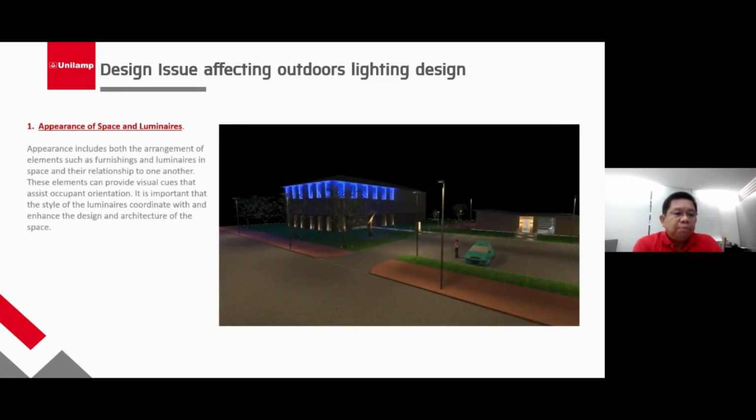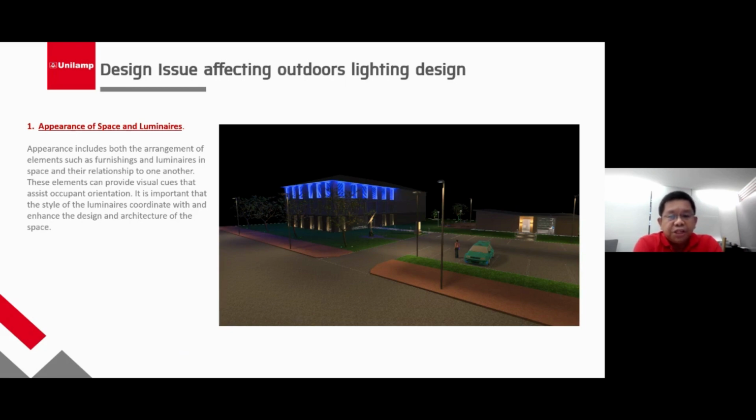As I mentioned, appearance of space and luminaire. When we do the design, we need to evaluate properly whether the architecture is a modern style, or classic, or contemporary. Then we can choose the right shapes or the right applications or distributions of lighting so that it will blend with the surroundings. If you have a modern building, of course you're going to use modern lighting fixtures as well. The shapes and forms are very important in order to blend with the architecture.